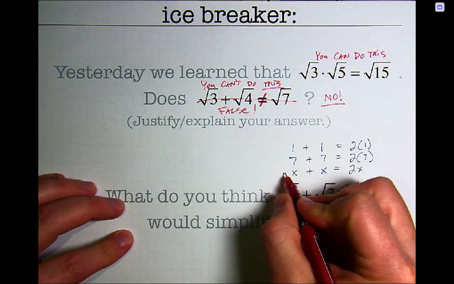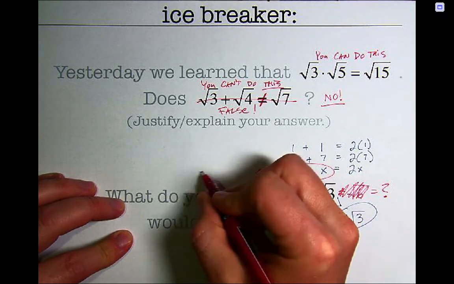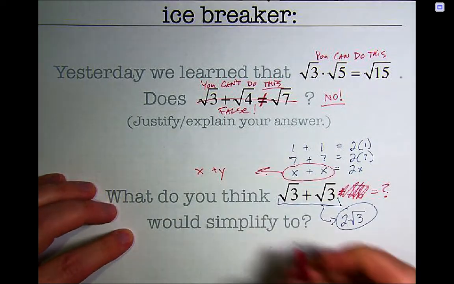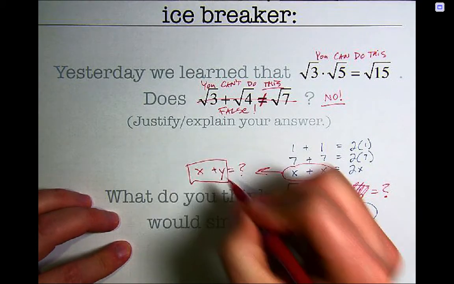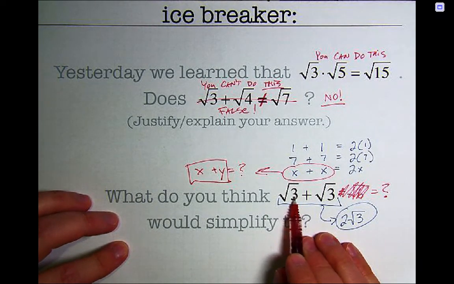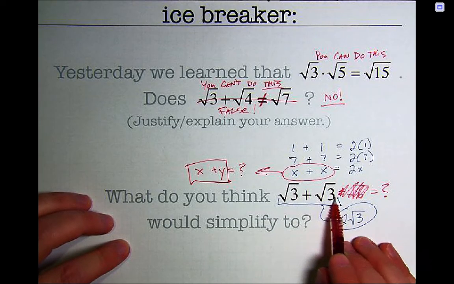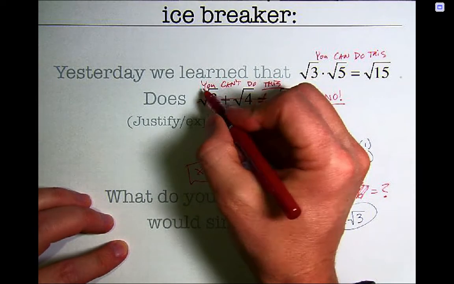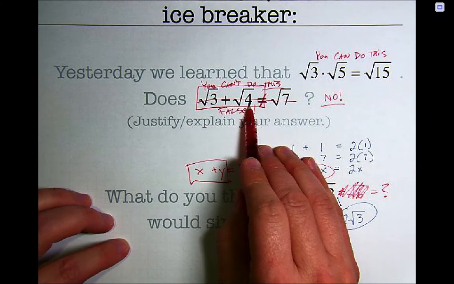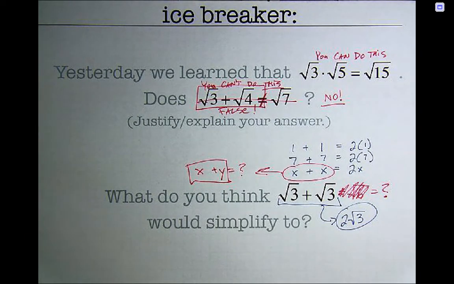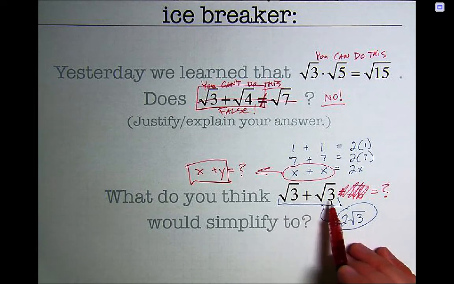Because this doesn't work if you have two different things. You just have to leave it the way it is. So it only works if you have a radical 3 plus another radical 3. Could we have done that up here? No, because they're not something plus itself. So you only can combine radicals by addition and subtraction when it's the same radical.